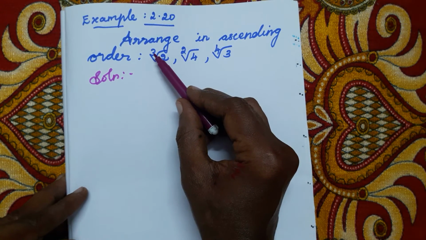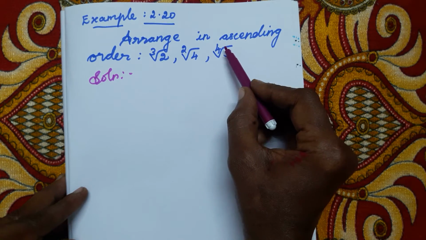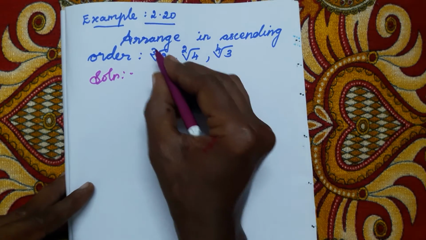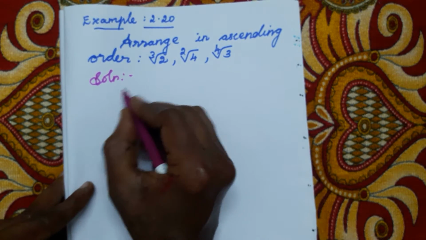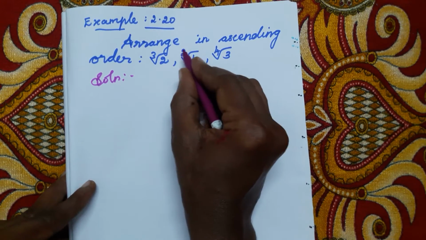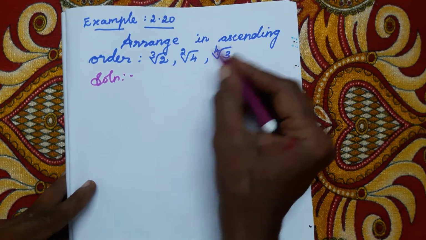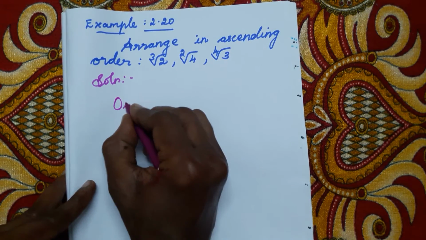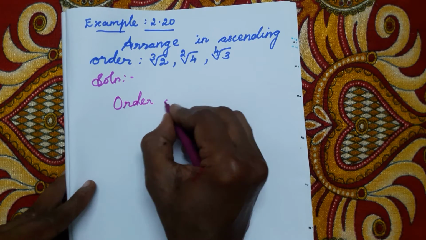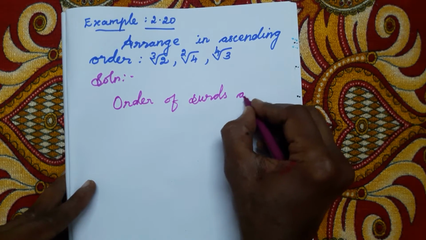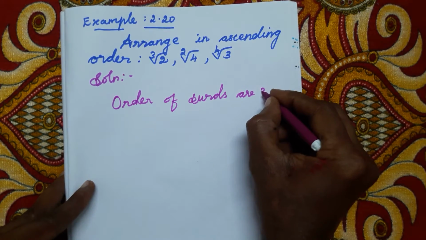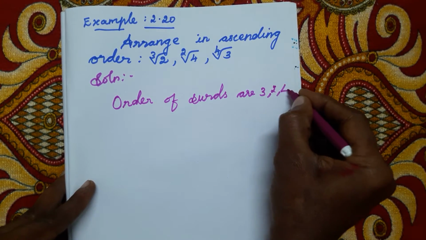First, what is the order of these 3 surds? 3, 2, 4.